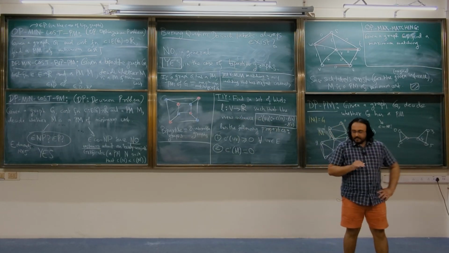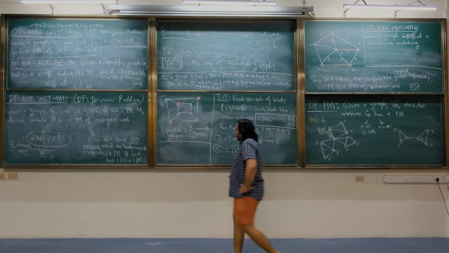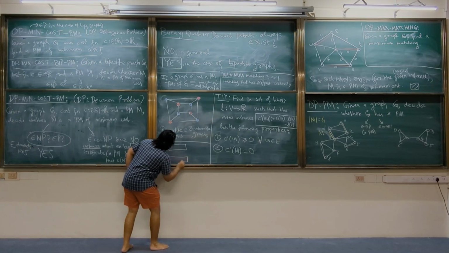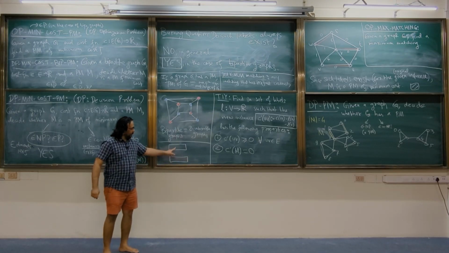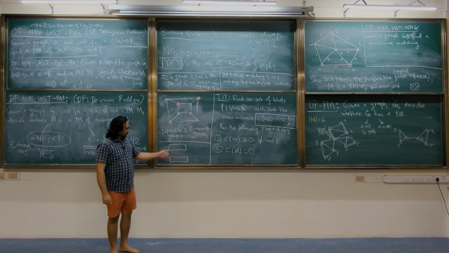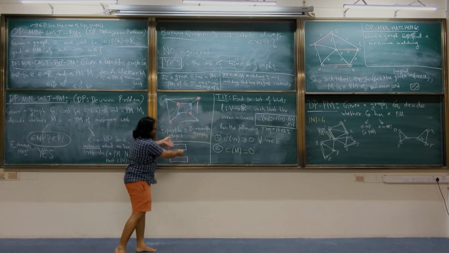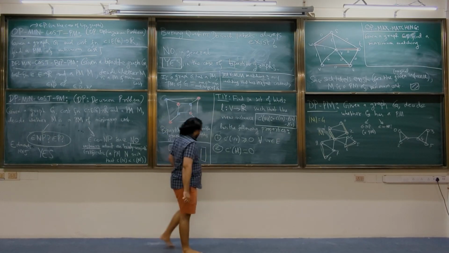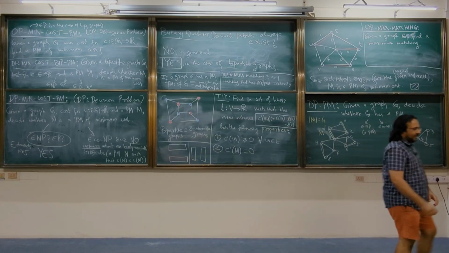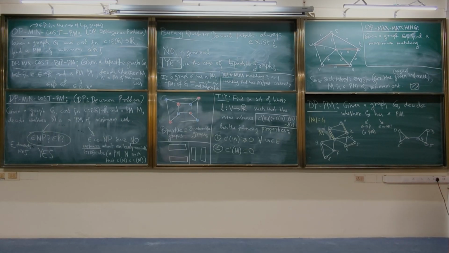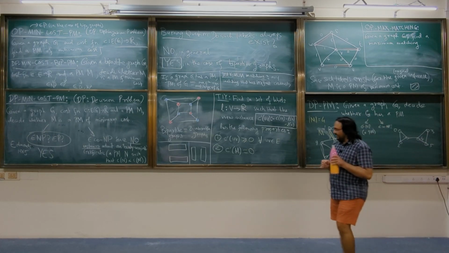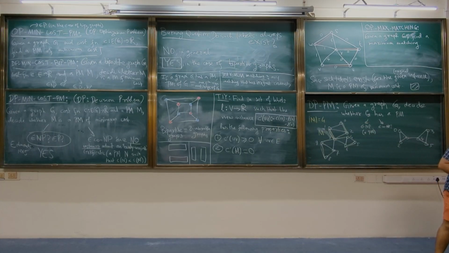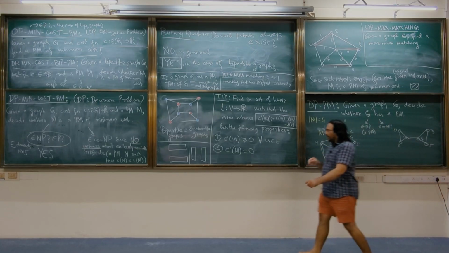So the standard way of drawing a bipartite graph is: these are your pink vertices, these are your blue vertices. If you are an algorithms person, you make it vertical. For some reason they like this, but I like this. We all have our eccentricities. Okay. So that's what a bipartite graph is.